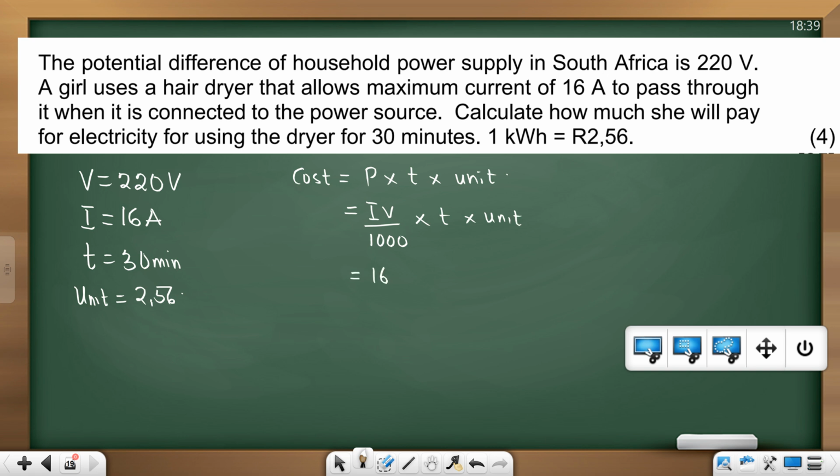What is my current? 16. 220. That's power in watts. But converting to kilowatt, 1,000. What about time? 30 minutes over what? 60. Converting to hours. And then what do I have? 2 rand 56. Put this in a calculator. Let's confirm.